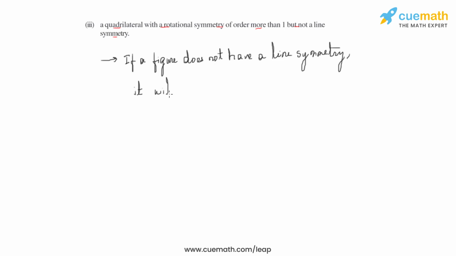which in itself is a contradictory statement, because if a figure or a quadrilateral does not have a line symmetry, which is given in this question, then we can conclude that it will not have a rotational symmetry as well.